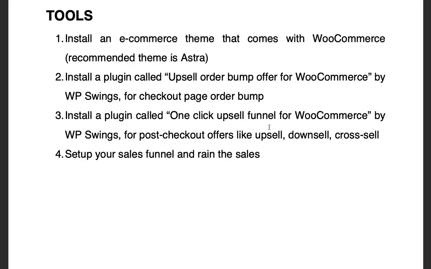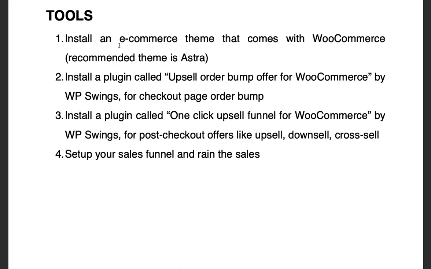So now guys, the first thing you want to do is install an e-commerce theme, and I'm recommending Astra. Because if you already have a theme on your website and you want to start installing the WooCommerce plugin, you might be missing out on some other plugins that you need for your e-commerce store to run effectively.